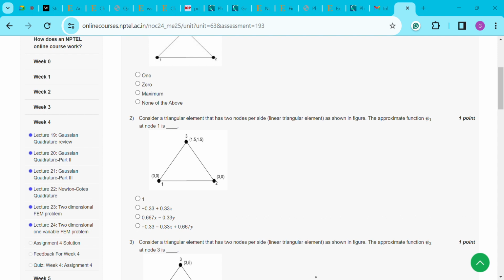You are supposed to get 0. So when you want a function equal to 0, then error is basically the function itself, whatever the function value will be.